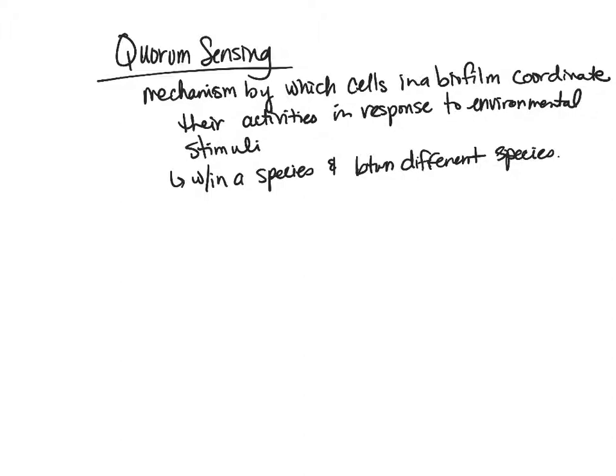So they can talk amongst themselves and talk in the entire community. And then as they do this, as they communicate, again, they can coordinate their activities. So depending on the environment and the changes in the environment, or based on the type of organisms, how they're going to work together. These molecules are called autoinducers.